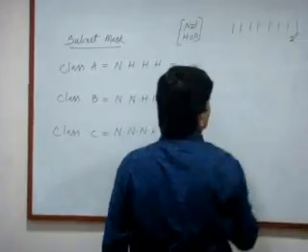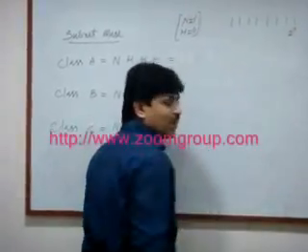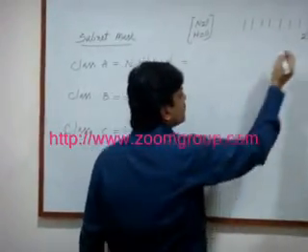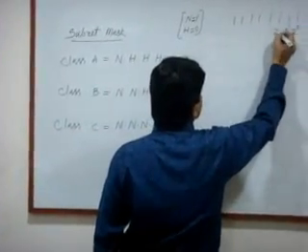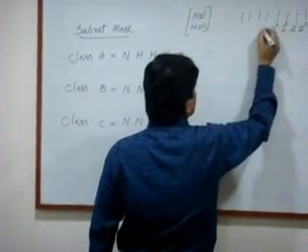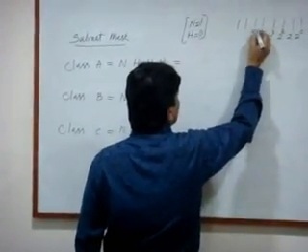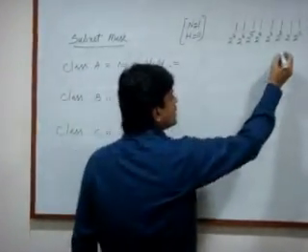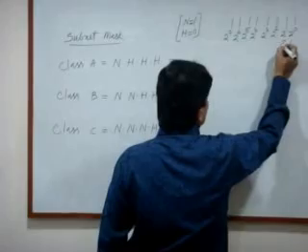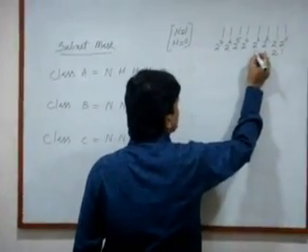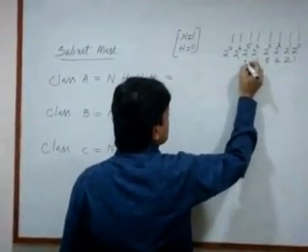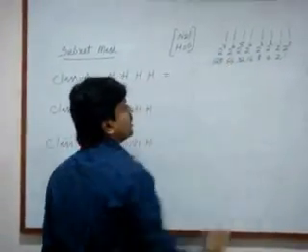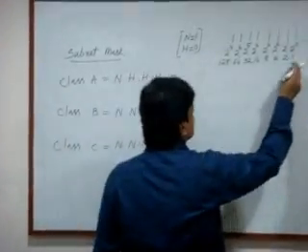We take base 2 and write powers starting from 0, from right to left in ascending order: 2 power 0, 2 power 1, up to 2 power 7. 2 power 0 is 1, 2 power 1 is 2, 2 power 2 is 4, 2 power 3 is 8, 2 power 4 is 16, 2 power 5 is 32, 2 power 6 is 64, 2 power 7 is 128.